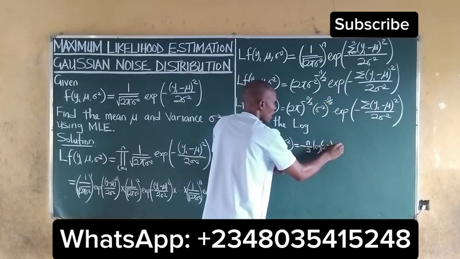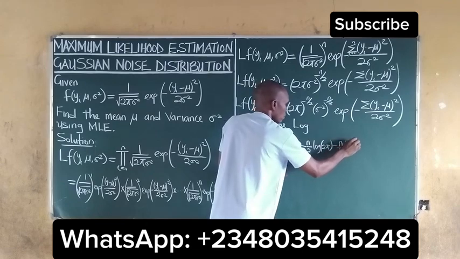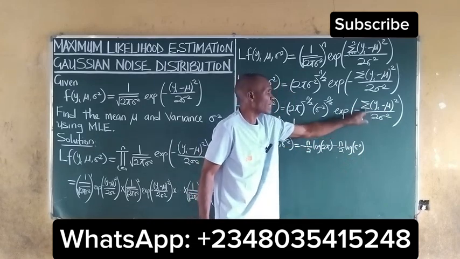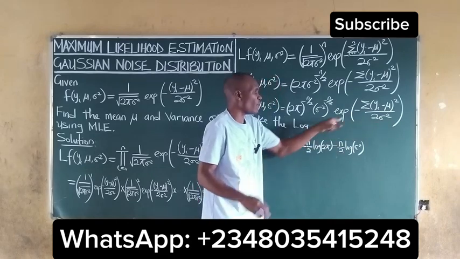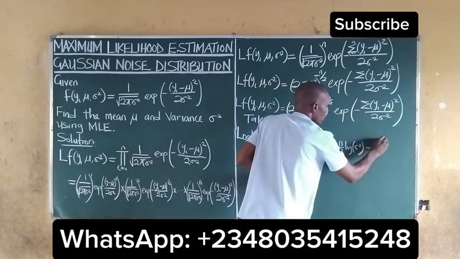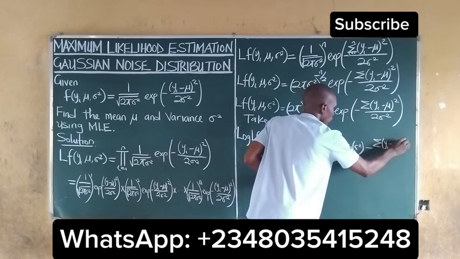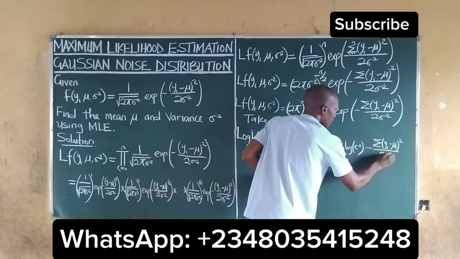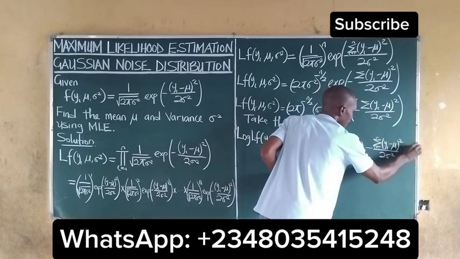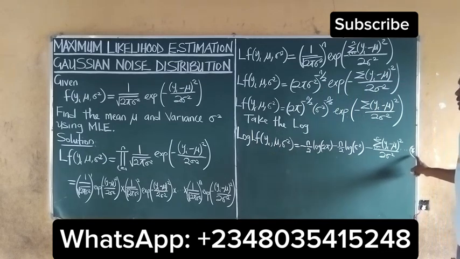If we take the log of this, we'll have negative n all over 2 log sigma squared. If you take the log of an exponential function, you get that same function inside. So we write negative summation of (yi minus mu) raised to the power of 2 all over 2 sigma squared, i running from 1 to n. We take this as our equation star because we'll come back to this.